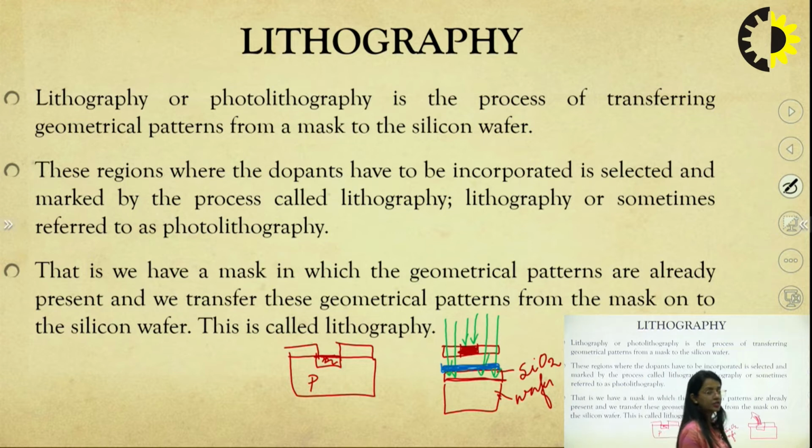This photoresist has some reaction capability with the exposure system. For example, let us imagine that whenever sunlight falls on the photoresist, it becomes very strong and robust, meaning it becomes unwashable, and wherever the sunlight has not reached, that portion becomes more soluble. So what will happen when I wash it?